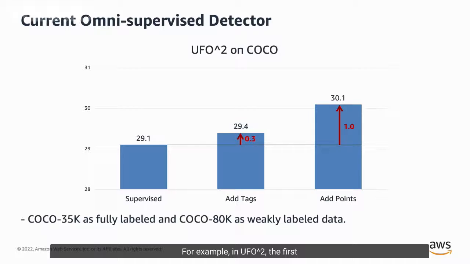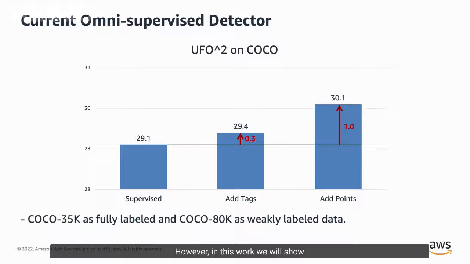For example, in UFO Square, the first Omni-Supervised object detector, using additional weak annotations only has marginal gains, like 0.3 points when adding 80,000 images with tag supervision, or 1 point with point supervision. These are not very promising.